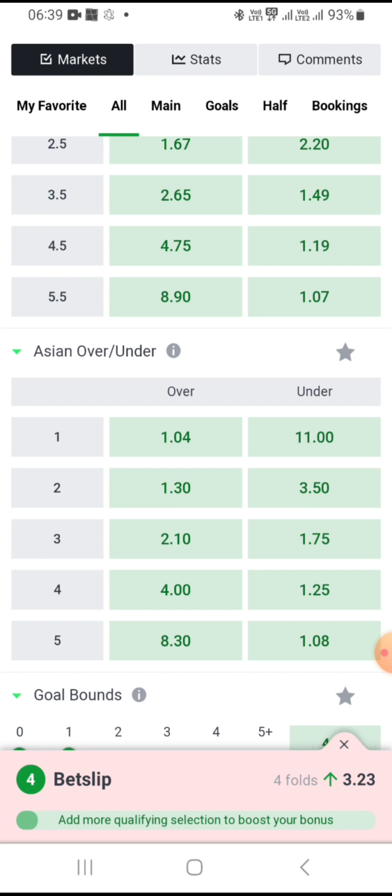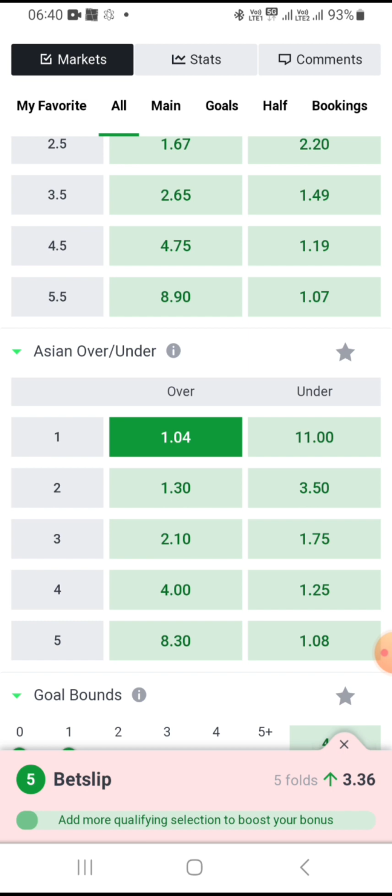For example, if your team plays 1-0 in this match and I tap over 1, the money will be refunded to you. But if it's under 1, you failed it. If it's over 1, like 2-0 or 1-1, you got it. Understand? That's the same thing as 2.